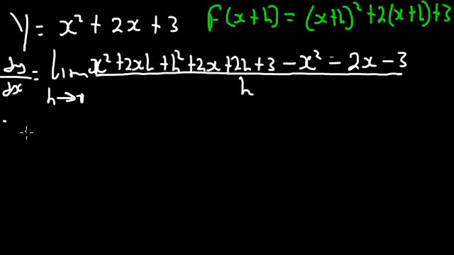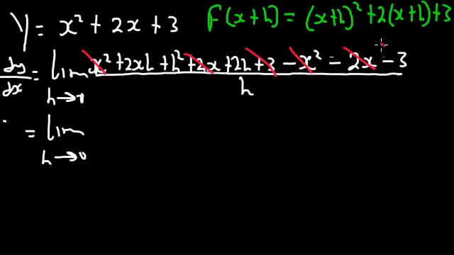So right now, if we simplify forward, we have the limit as h approaches 0 of, so now let's delete the like terms. So these cancel out. X squared cancels negative x squared. Then positive 2x cancels negative 2x.